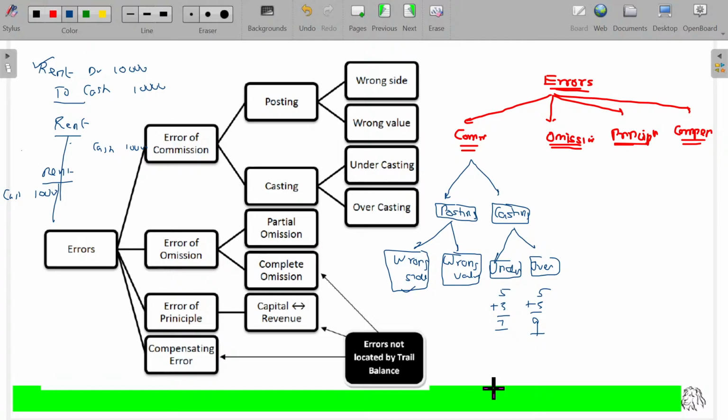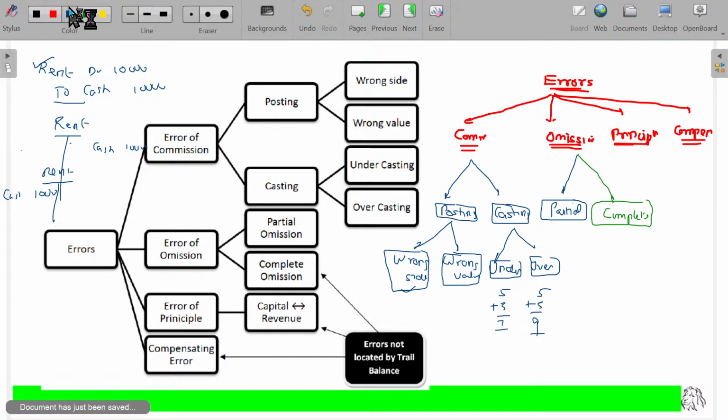Next, error of omission. When it is all about error of omission, we still have two types of errors. One is partial, another one is complete. Partial and complete. Is that clear?